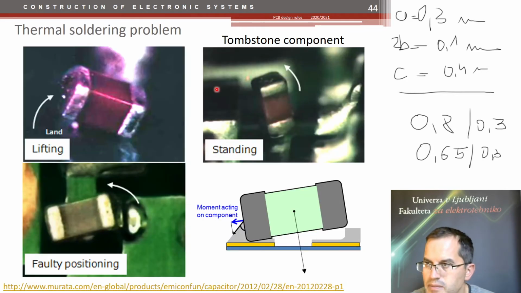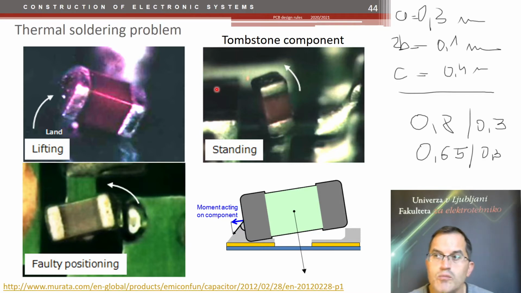This can happen. If you have a very small component like a capacitor or resistor, and each side has different thermal conductivity or thermal capacity, that means that one side would heat up quicker than the other. And if that happens, then one side would act with the pulling force of the solder before the other side.